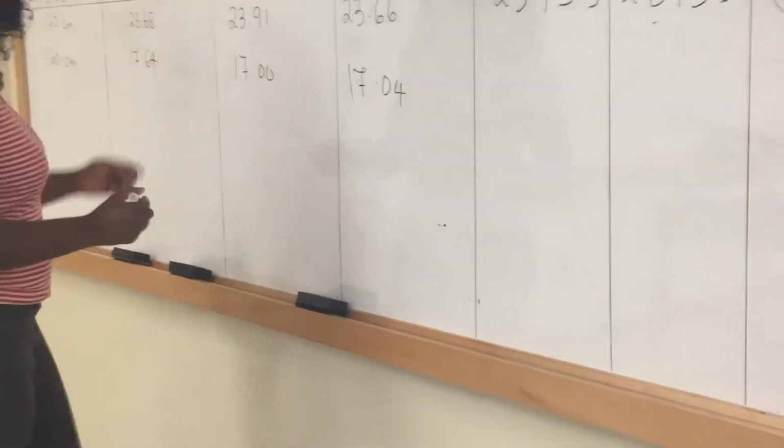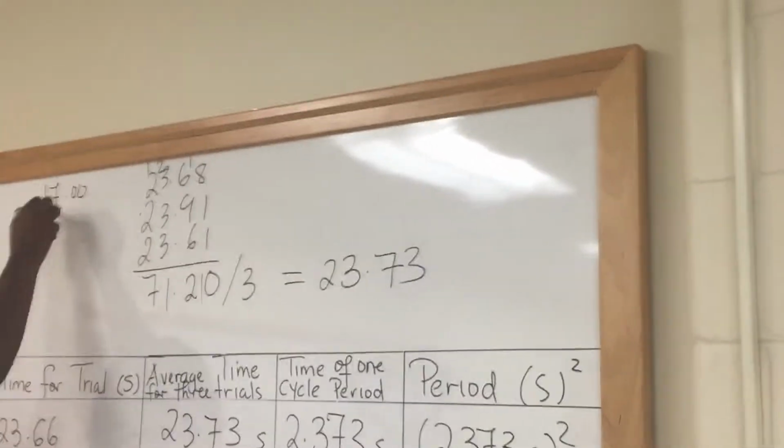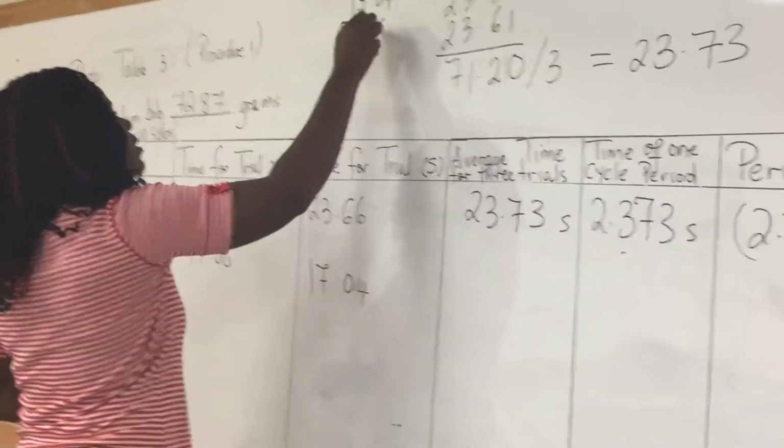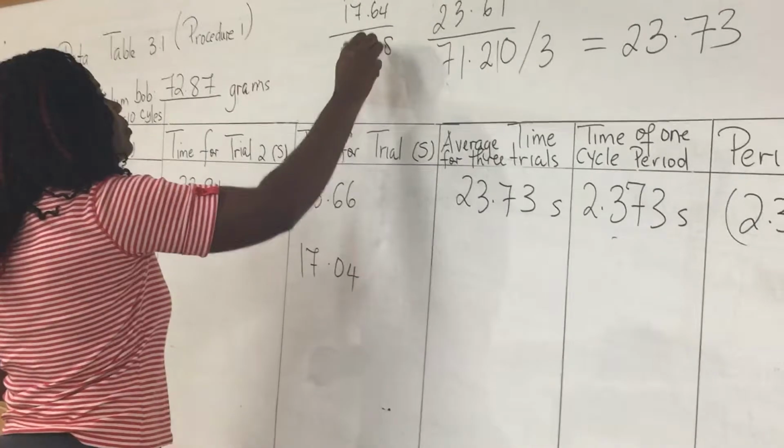All right, so now I'm going to average these like I did before. So I have 17 seconds, 17.04 seconds, and 17.64 seconds.